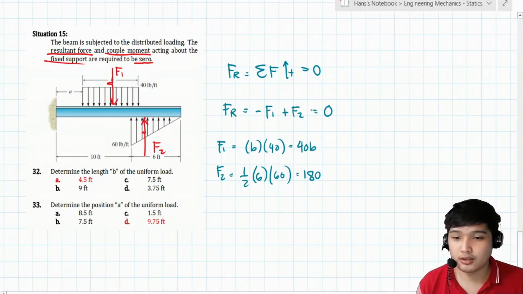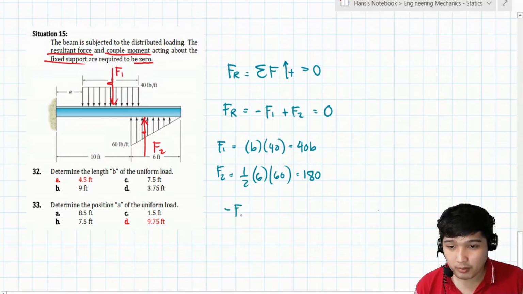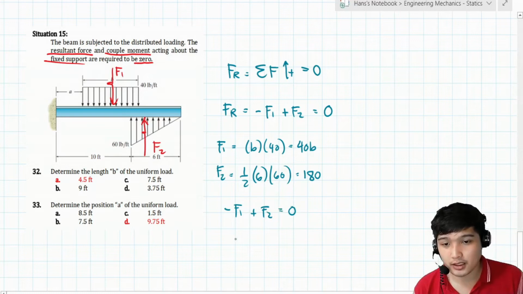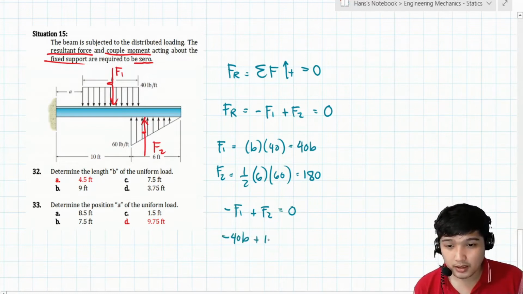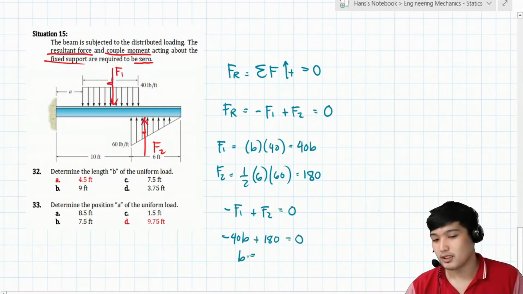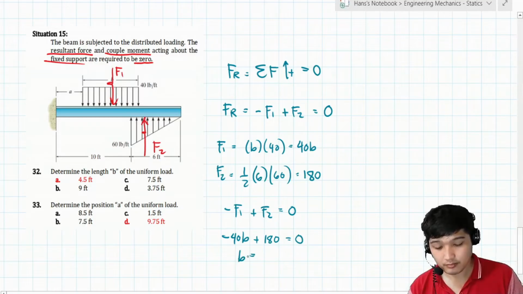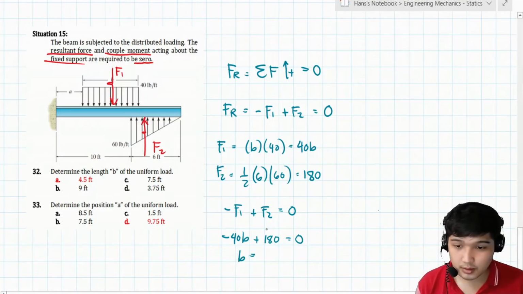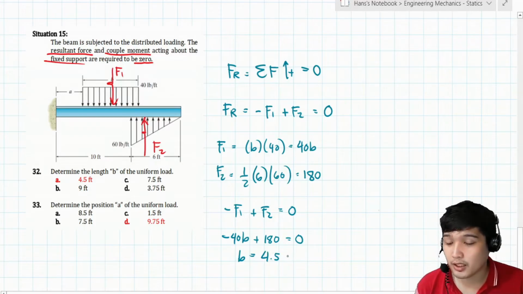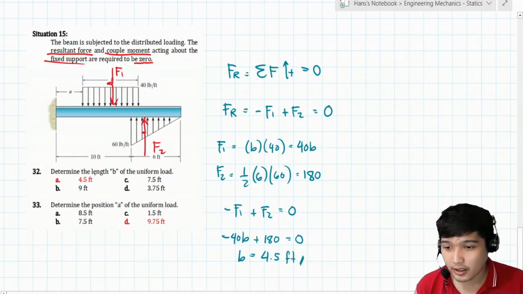So using this one, negative F1 plus F2 equals 0. So masolve na natin yung B, di ba? Negative 40B plus 180 equals 0. So, B now equals 4.5. Okay? 4.5. And then, the unit ng mga distances is naka-feet. So, therefore, this one is our answer. And that is letter A, so correct.